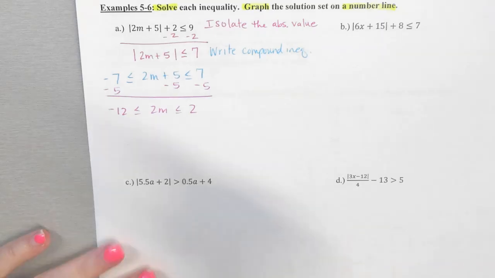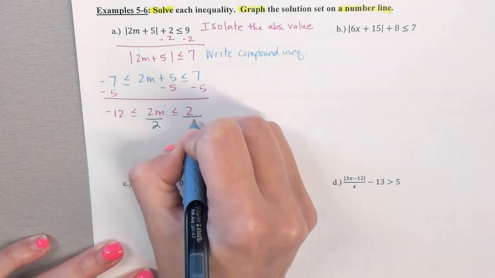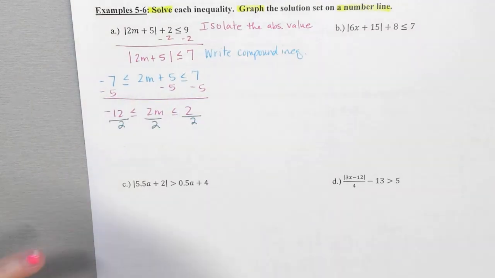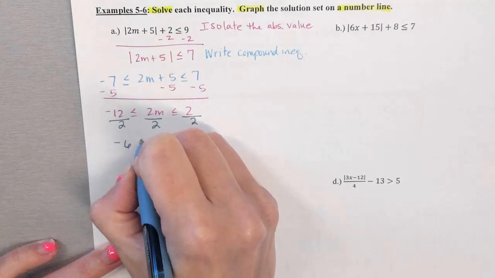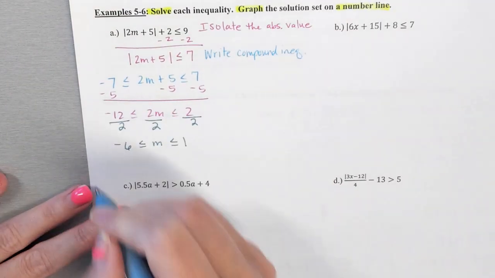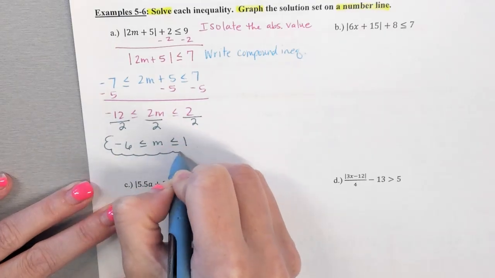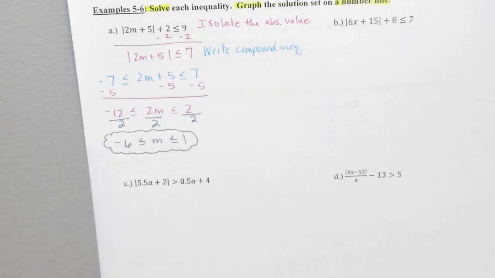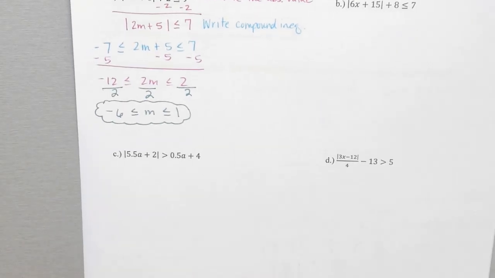Okay, and then to get m by itself, now I'm just going to divide everything by 2. So I have -6 is less than or equal to m, which is less than or equal to 1. You can keep your solution like this. Okay, you don't have to put it in set builder notation.